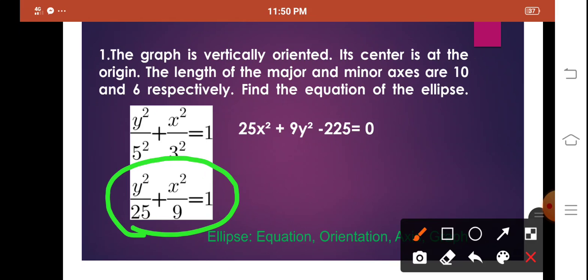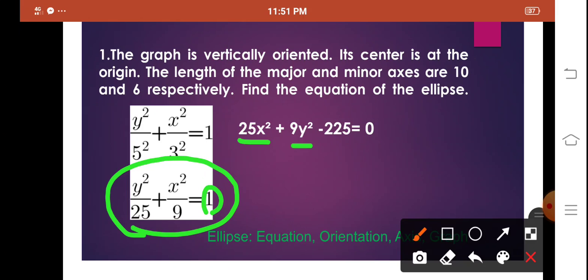So 25 times 9 is 225. 225 times y squared divided by 25 is 9, and 225 times x squared divided by 9 is 25, while 1 times 225 is 225.